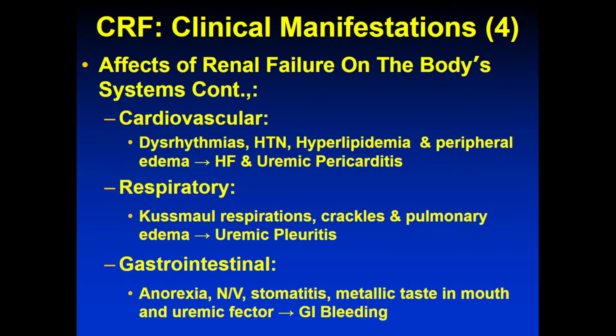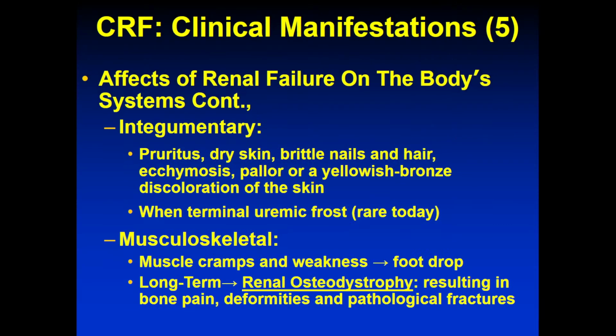Gastrointestinal: anorexia, stomatitis, metallic taste in mouth, uremic fetor, and sometimes gastrointestinal bleeding. The next, integumentary, with pruritus, dry skin, brittle nails and hair, ecchymosis, pallor or yellowish-bronze discoloration of the skin.